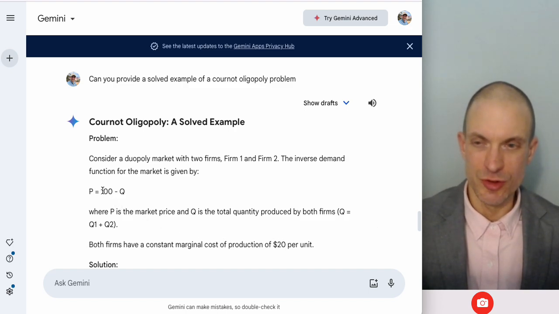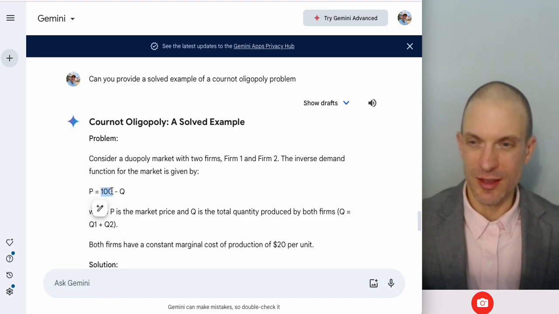The Cournot solution, right? This is a standard, generic Cournot. The coefficients A and B, or D, in the generic Cournot that you might see in a textbook are both 1, and then the cost is C. So that's this right here.